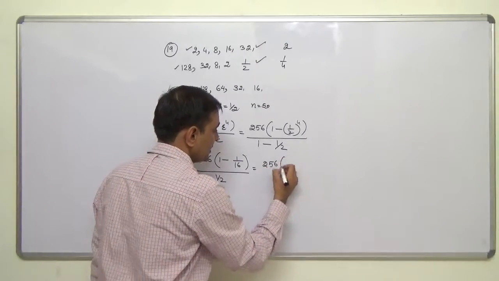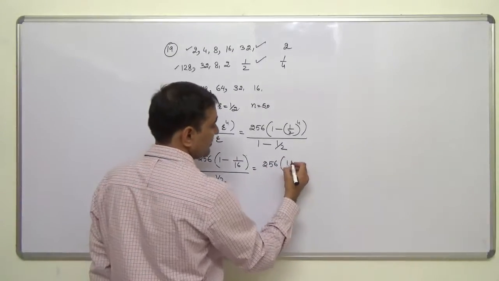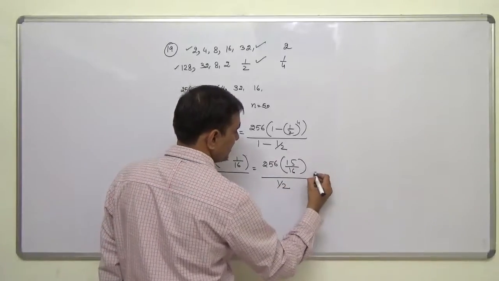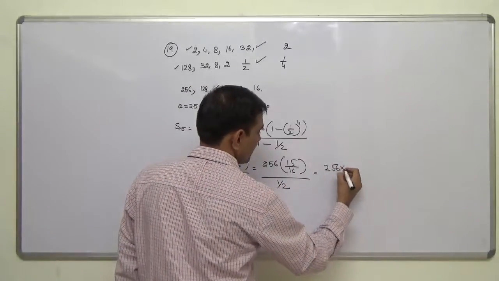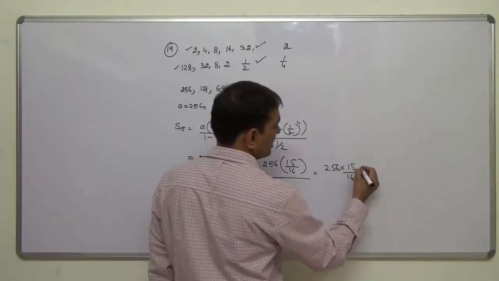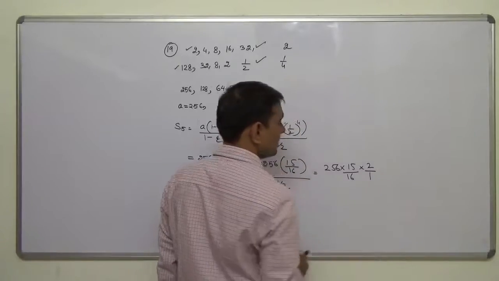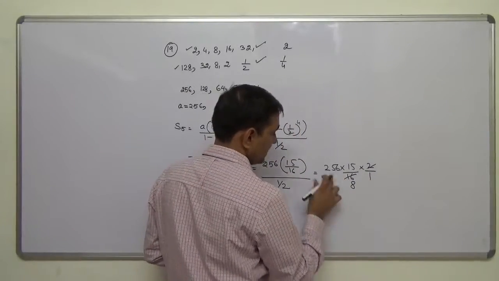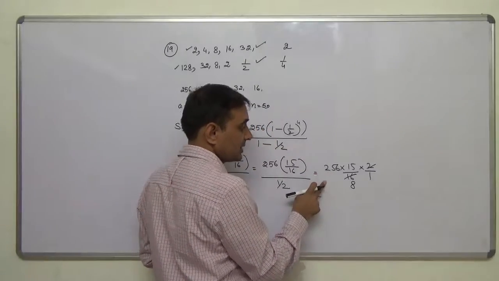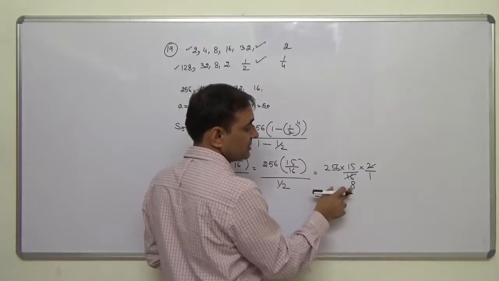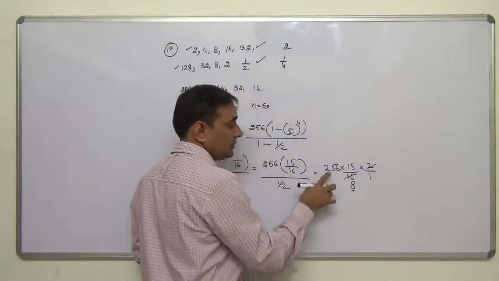This is 256, 16 minus 1, this is 15 by 16 upon half, right? So it is 256 into 15 upon 16, and this half will be reciprocal, so it will be 2 by 1. 256 we can write as 2 to the power 8, into 15 upon 2 to the power 4, which is 2 to the power 3.